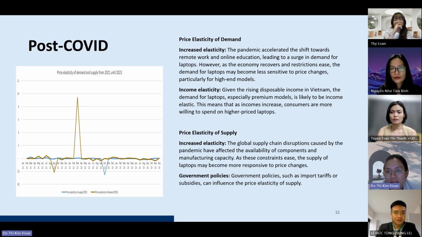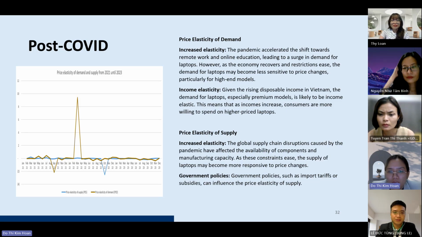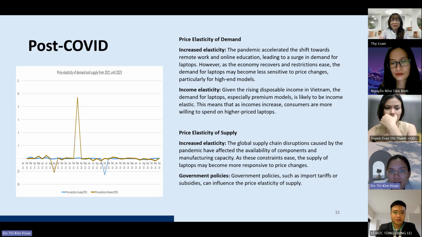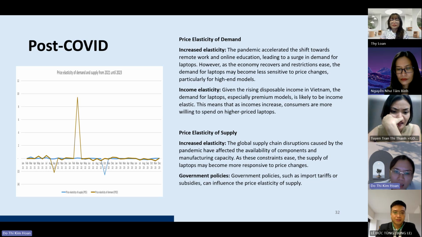That makes the price elasticity of demand and price elasticity of supply more elastic. It depends on some factors from income and some government policy around the end of 2023.